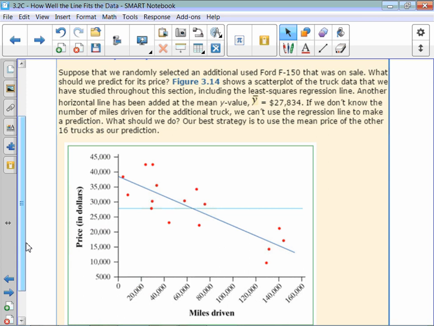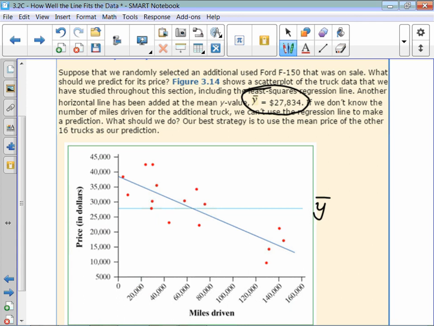And we added another horizontal line that is the mean of all the y values. So basically, they took the average of all the prices. Okay, so they add them all up, divide by 16, and they drew this line right here. This is called y bar, which is the mean of all the prices of the trucks.